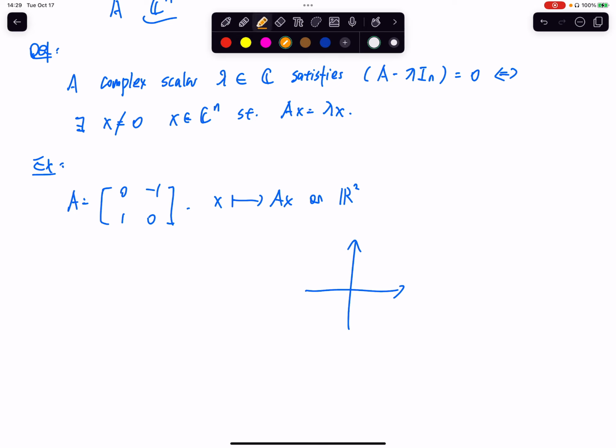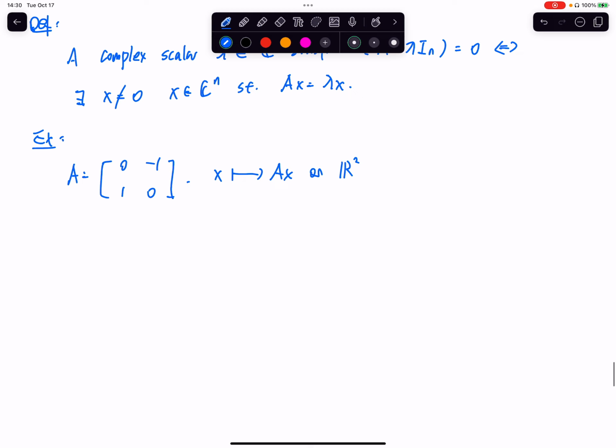After 4 moves, it just goes back to where we started. So this A is periodic, and obviously no non-zero vector is mapped into a multiple of itself. So A has no eigenvectors in R^2, hence it has no real eigenvalues.